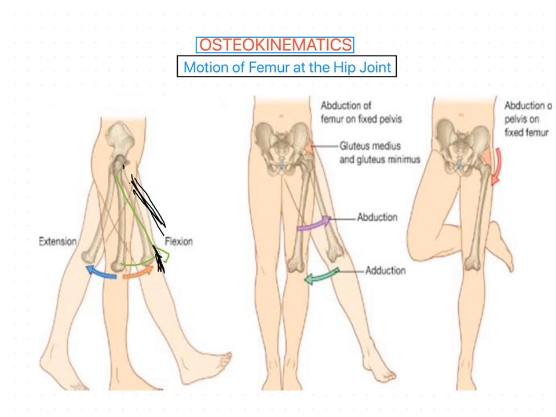Next movements are abduction and adduction. First we'll see the range of abduction. The femur can be abducted to 30 to 50 degrees, and adduction takes place by 10 to 30 degrees.